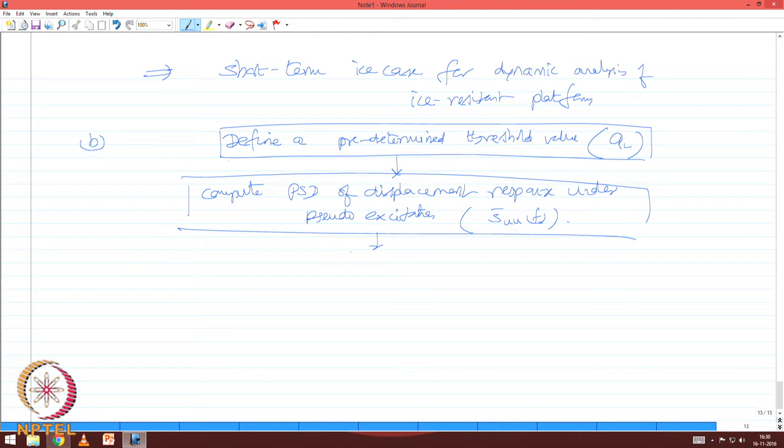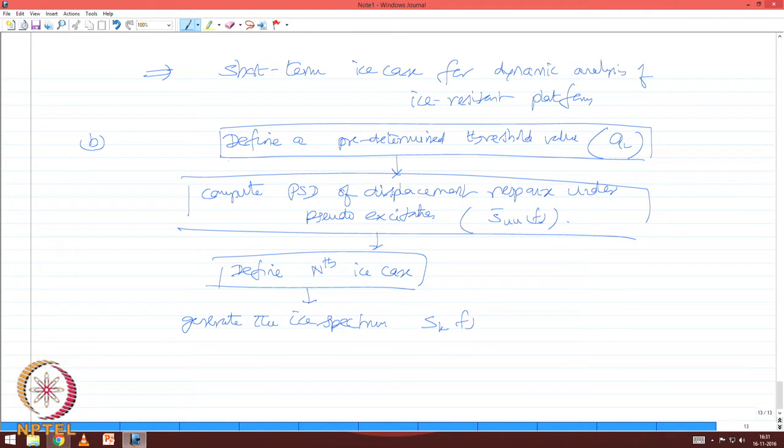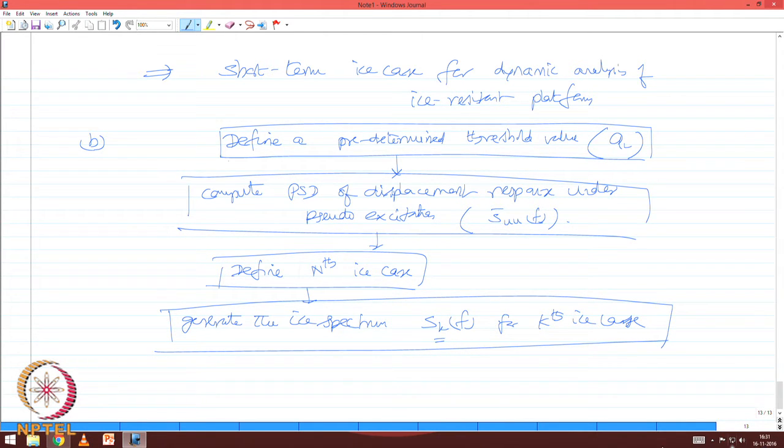Once this is computed, then define the nth ice case. For the nth ice case, generate the ice spectrum, which I call Sk of f. K indicates the failure case and S of f is the spectrum. So, generate the spectrum for the kth case.